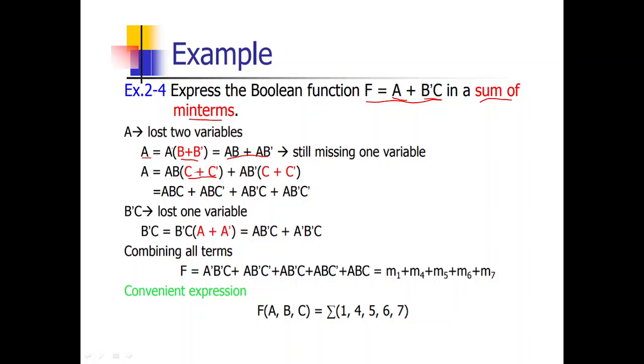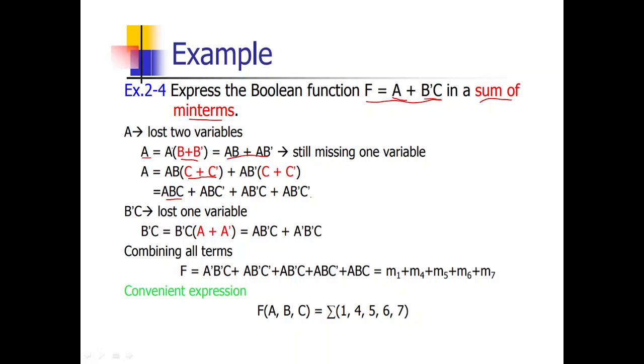C plus C dash is ANDed here and here also, and again we have to use the distributive law. So AB into (C plus C dash) becomes ABC plus ABC dash. Then this becomes AB dash C and AB dash C dash.